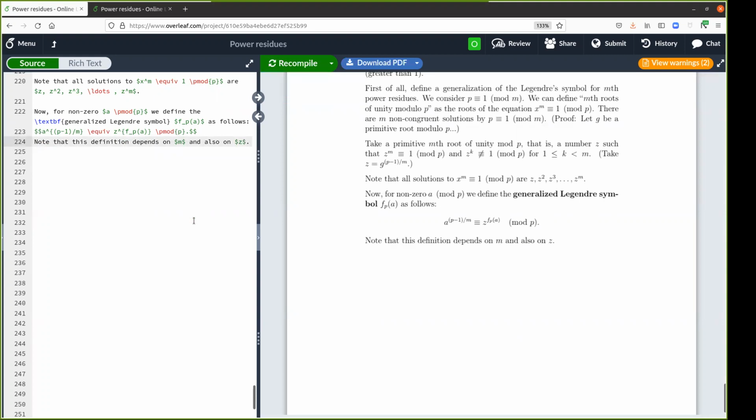So there is no canonical way to pick a primitive mth root of unity modulo p. So the choice actually affects the value of f_p of a. Yeah, it's a bit ambiguous, but that doesn't really matter.